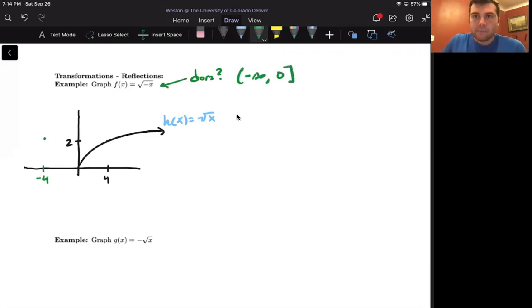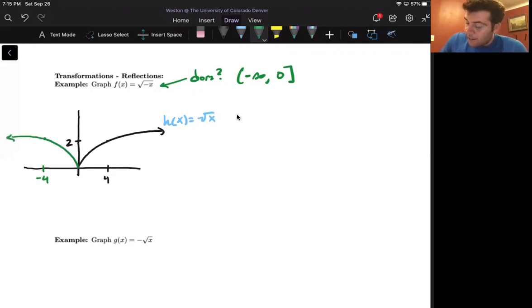Because if we plug in any positive numbers, we're going to be taking the square root of a negative, which for now we're saying we can't do. But if we plug in any negative number, that negative gets flipped to a positive. And so as a result, our graph really just looks like it's flipped across the y-axis like this.